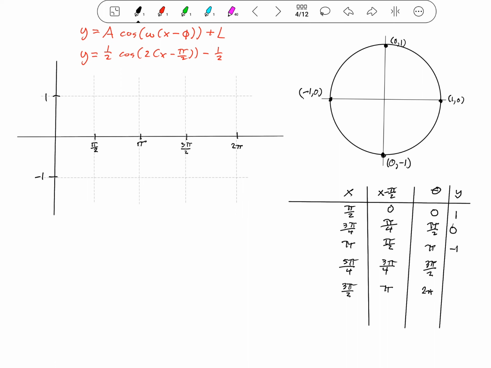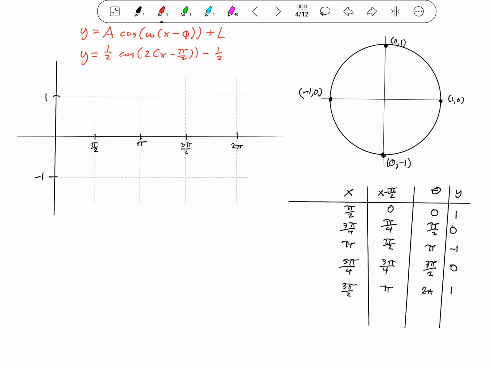When my angle is 3 pi over 2, cosine of 3 pi over 2 is 0. When my angle is 2 pi, cosine of 2 pi is 1. Now, each of those is going to be multiplied by 1/2, so I'll take care of that in a moment, but let's just graph those points for the moment.